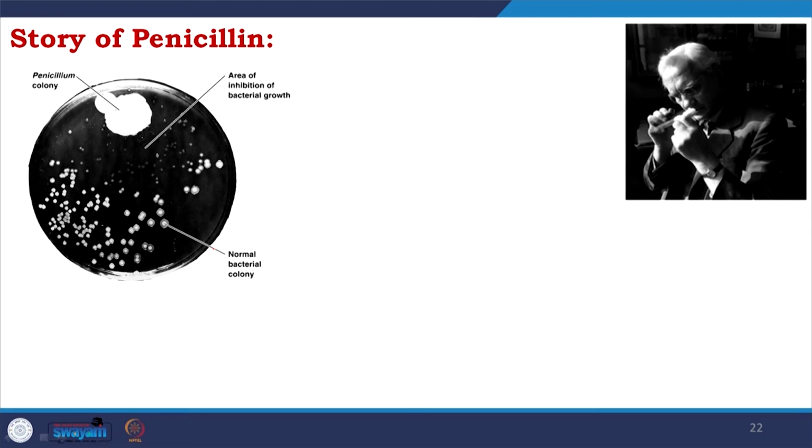When he came back from vacation, to his surprise, he realized that there is a mold grown in the Petri plate, and very interestingly, the region where the mold grew, the bacteria are not present there, they are already killed, the colonies are gone or minimized.